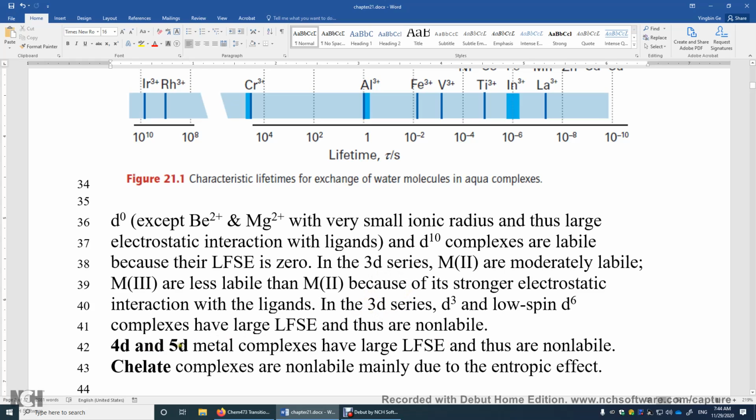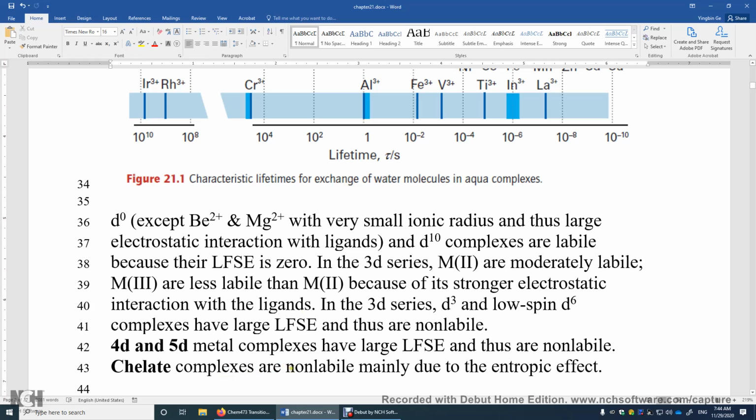So 4d and 5d transition metal ions are non-labile ions. And 4d and 5d transition metal complexes are almost always non-labile, unless you have a really weak field ligand such as iodide. Okay, and then we'll have to look at that situation differently, more carefully.